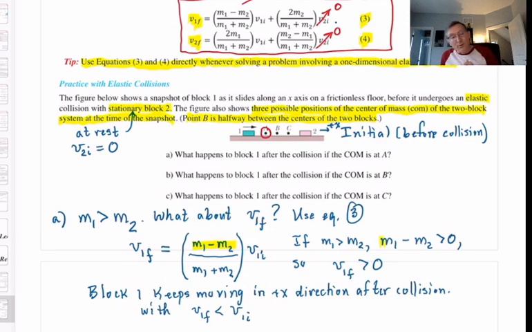Because to get V1 final, I'm going to take V1 initial and multiply it by a fraction. That's the quantity in the parentheses. And I know that fraction is less than 1. Yes? Because in that fraction, the numerator is M1 minus M2, and the denominator is M1 plus M2. The numerator is smaller than the denominator.